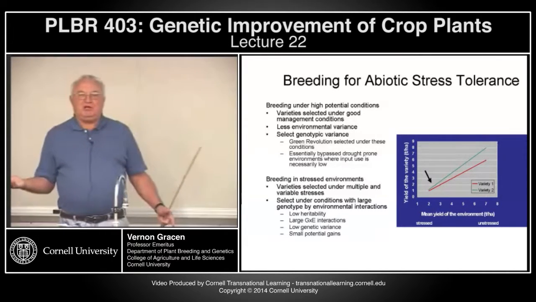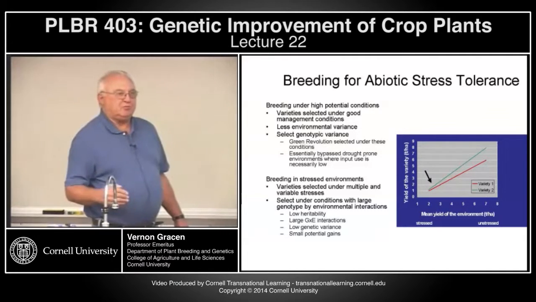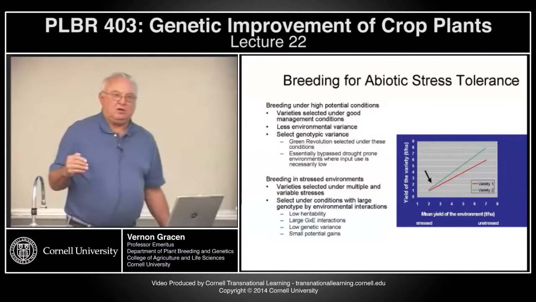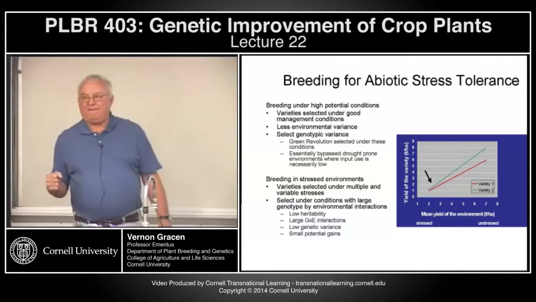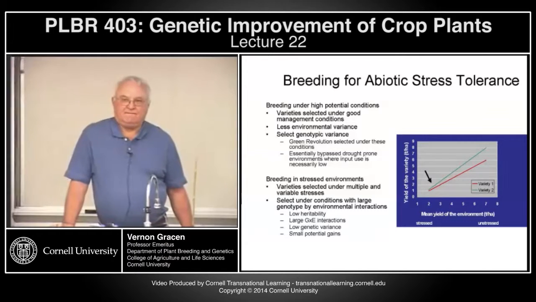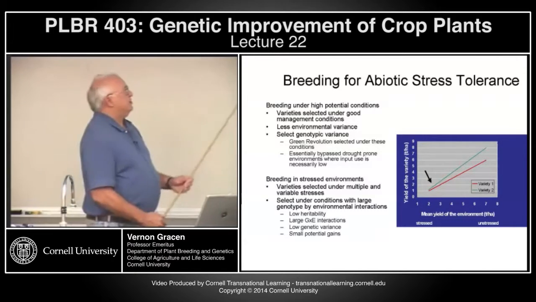Do you think plant breeders just decide that maximum yield is the most important characteristic, therefore I want to do my breeding under well-managed conditions? I mean, you have two options.